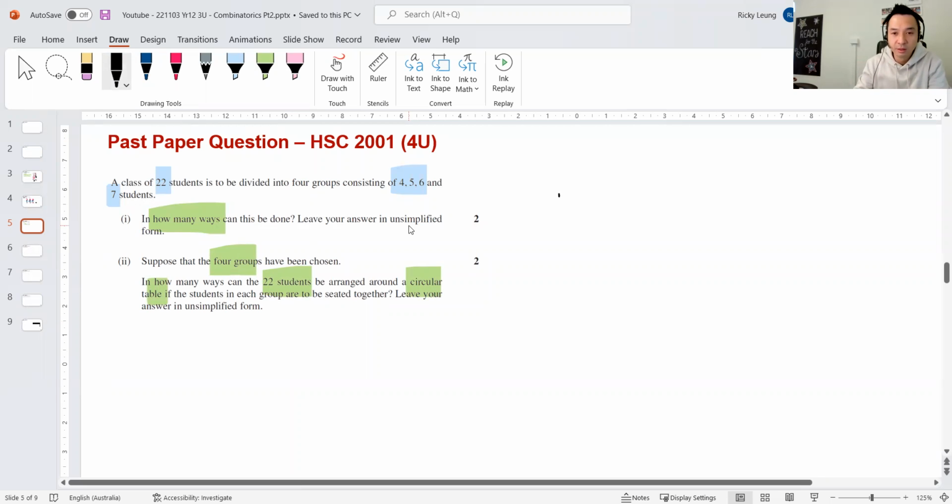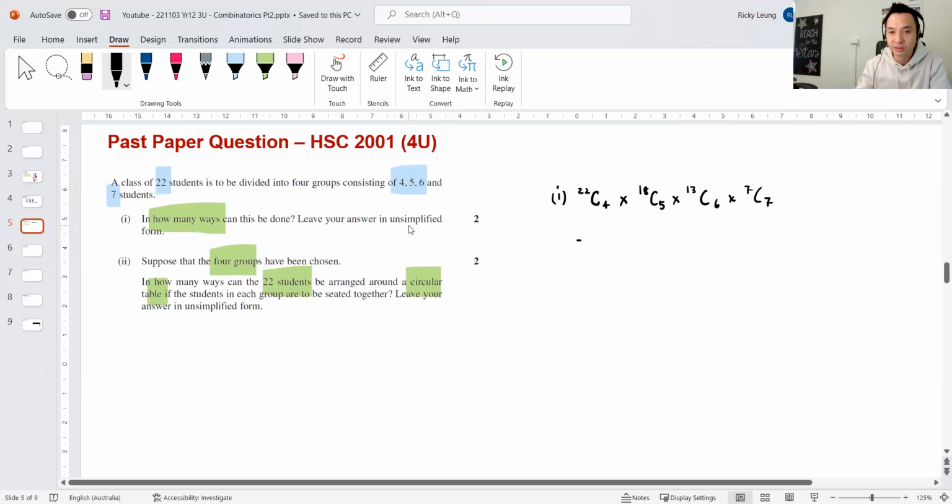So, part 1. Now, using the theory that we did before, we can see that this is going to be 22 choose, let's say 4 people first. And then 18 choose 5, and then 13 choose 6, and then 7 choose 7.